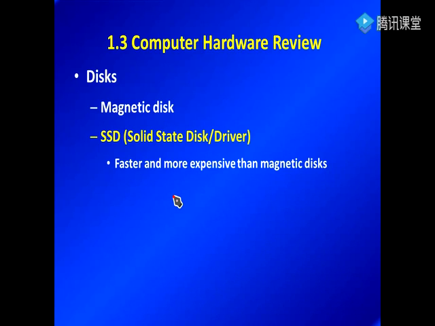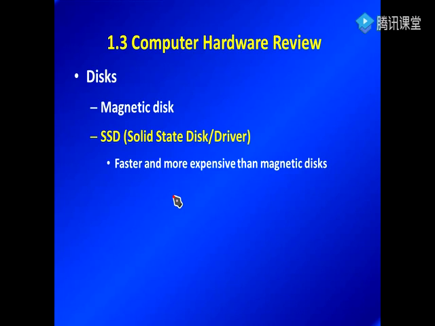SSD, in this textbook and in this course, we don't explain too many details about SSD. You just need to know it's much faster than magnetic disks and more expensive.